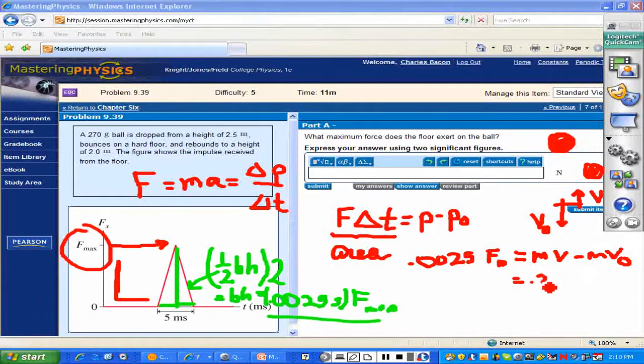So we have 0.27 as our mass in kilograms, and the difference in velocity between the downward and the upward.